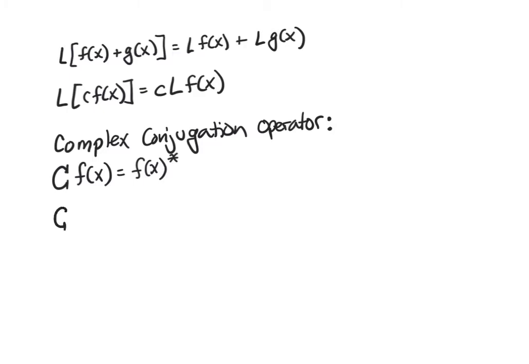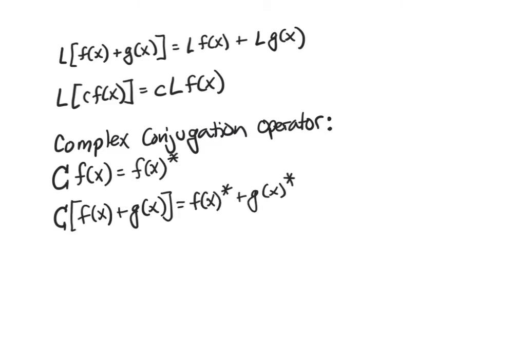If I apply my complex conjugation operator to the sum of two functions f of x and g of x, well, we already know how the complex conjugation works, and if I take the complex conjugate of a number plus another number, it's just the sum of their complex conjugates. So this is, in fact, f of x complex conjugate plus g of x complex conjugate. They don't really affect each other independently, and so this one checks out.